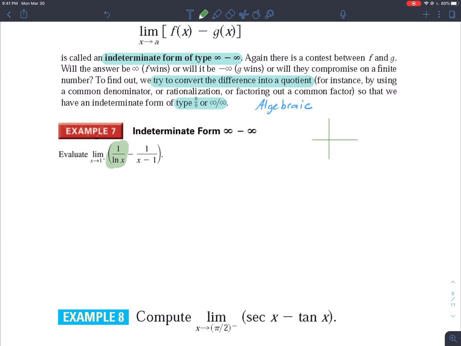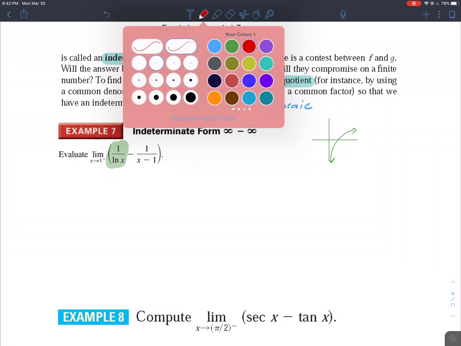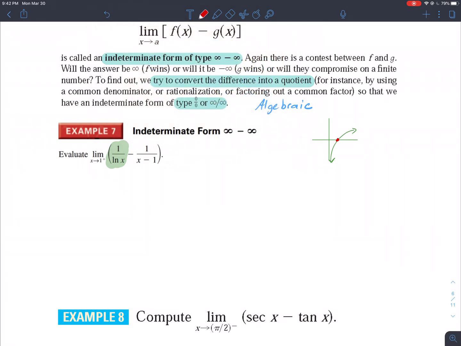Remember, ln of x does this sort of thing, right? And as x approaches 1 from the right, we're talking about really this value.